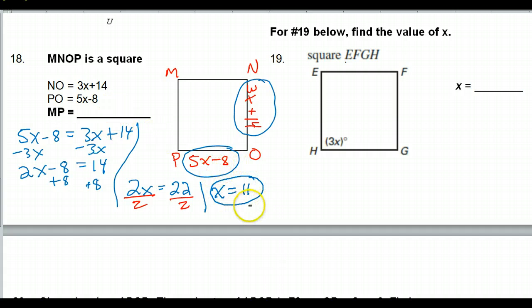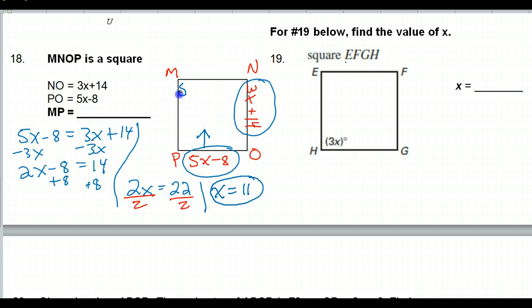But guess what? That's not the answer to the question. We're supposed to find the length of MP, so don't just put 11 down for your answer. That's x. MP is the length of one of the sides, but all four of the sides are the same. So I'm going to plug in 11 for x. I really could use either one of these sides because they're all the same, but let's use the 5x minus 8.